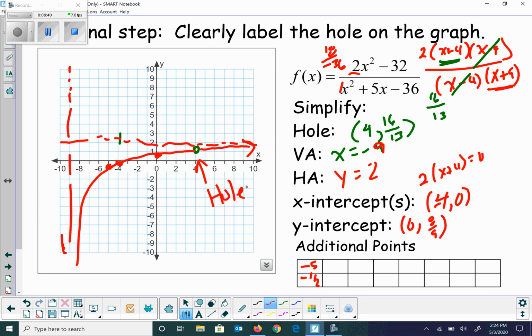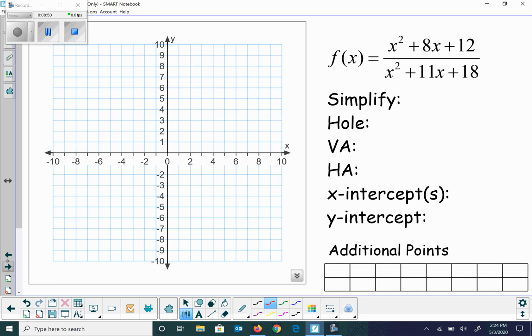Perfect. It's very possible this graph also exists over here like this. Okay. I'm not in class, so you guys can't correct me fast enough, but I bet some of you were able to correct me saying, wait, you messed up on that vertical asymptote.